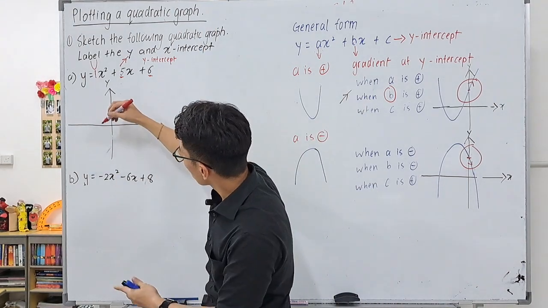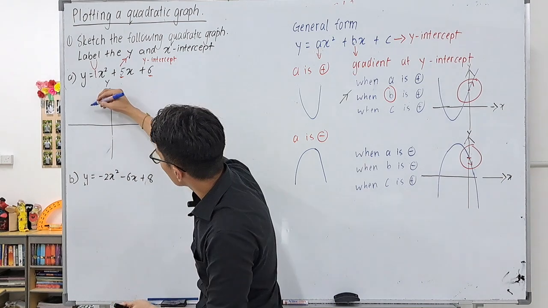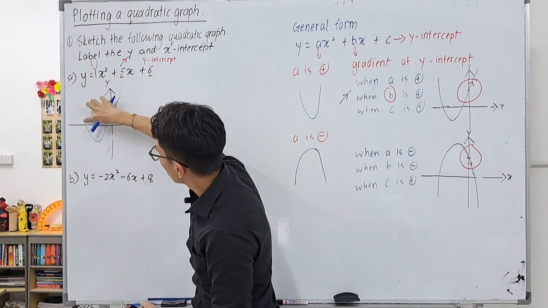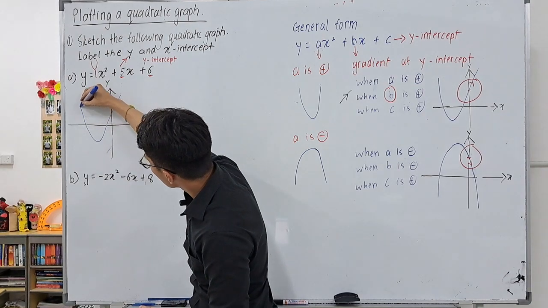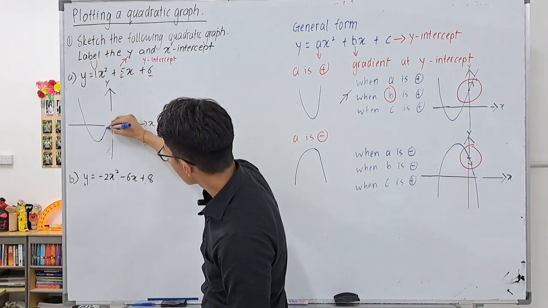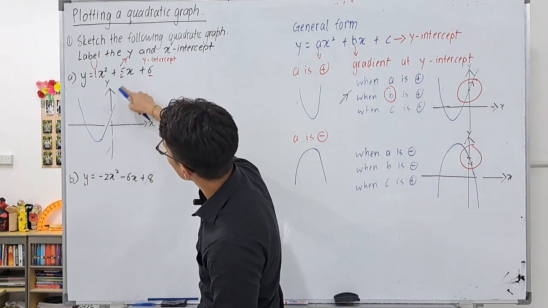So the graph will look something like this. All right, it's just a sketch. All right, let me do this properly. All right, I think this looks nicer.